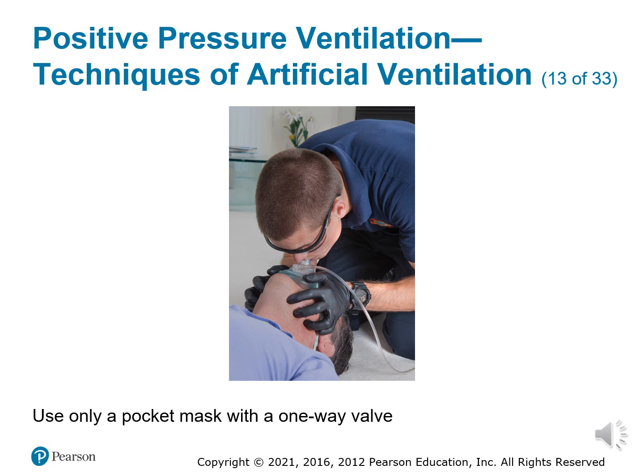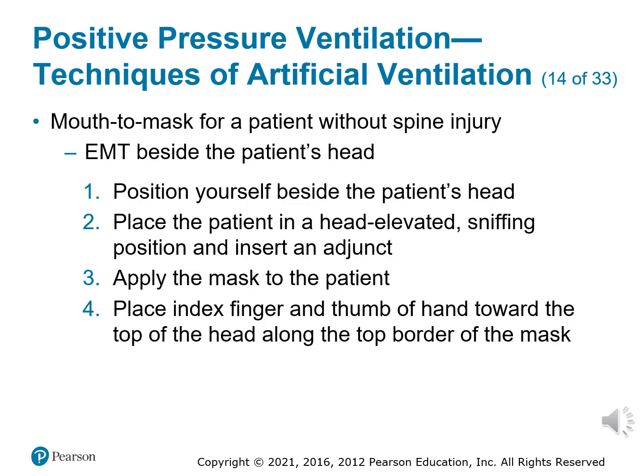Here is a use of a pocket mask with a one-way valve. With mouth to mask for a patient without a spine injury, the EMT is going to be beside the patient's head. Position yourself beside the patient's head. Place that patient in a head elevated sniffing position and insert an adjunct.